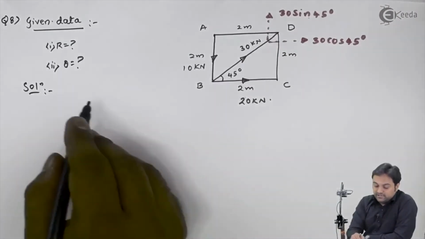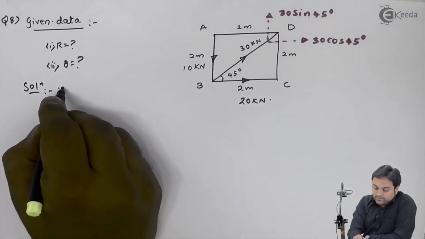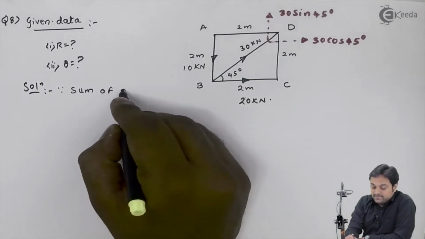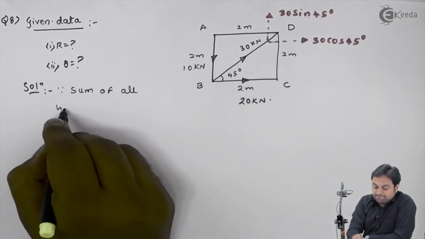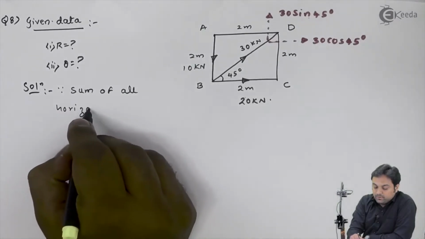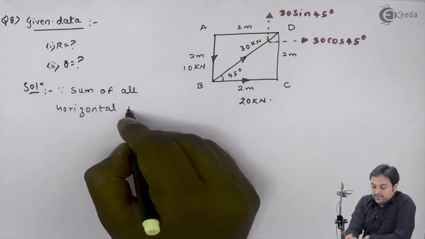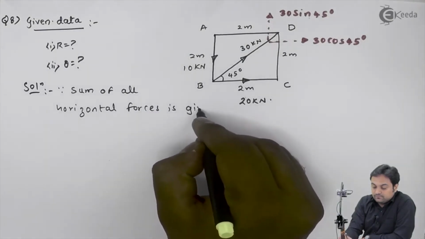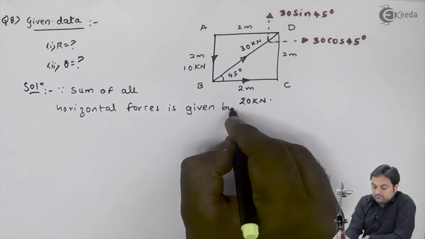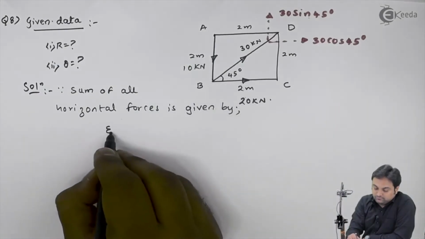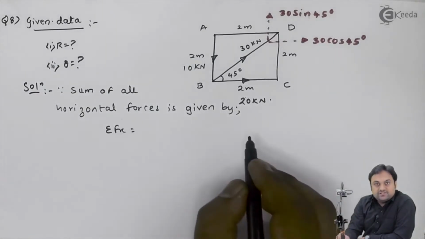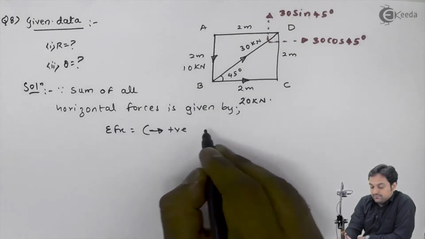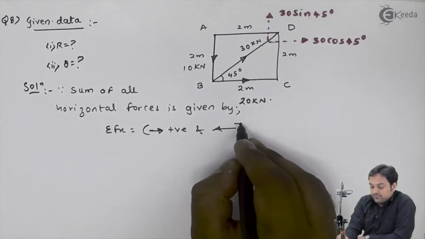So therefore now I can easily say that the sum of all horizontal forces is given by summation Fx, in which all rightward forces to be taken as positive, all leftward forces to be taken as negative.